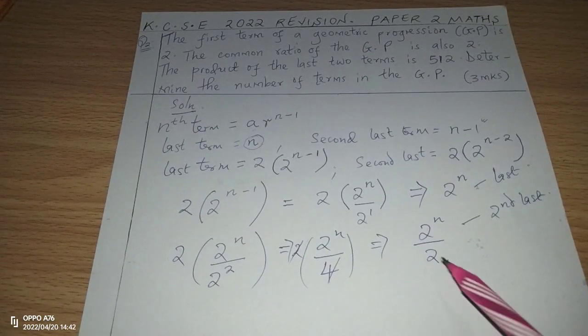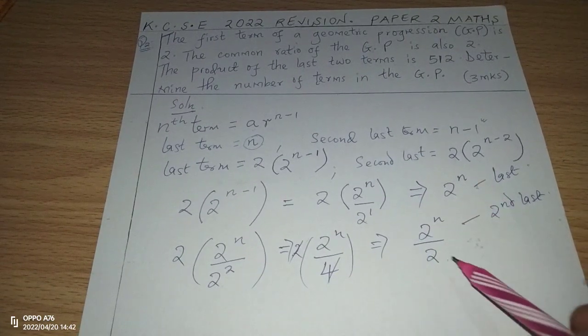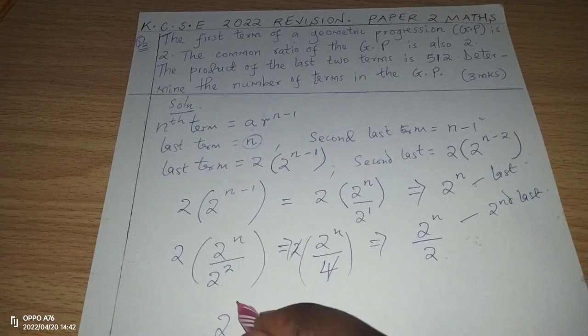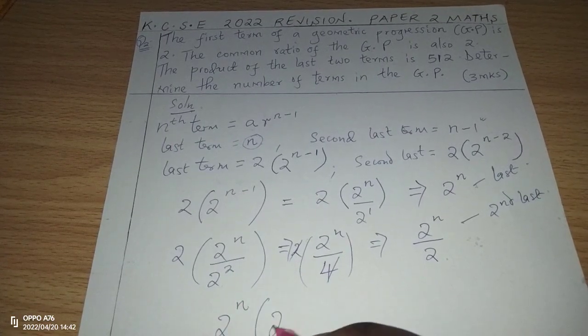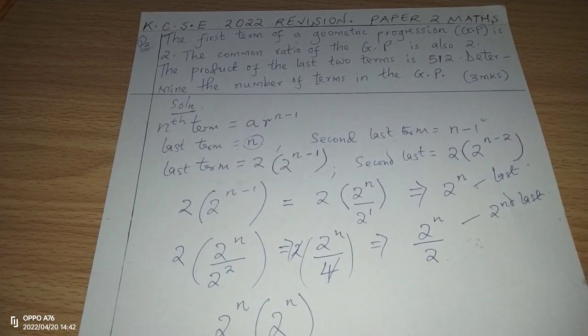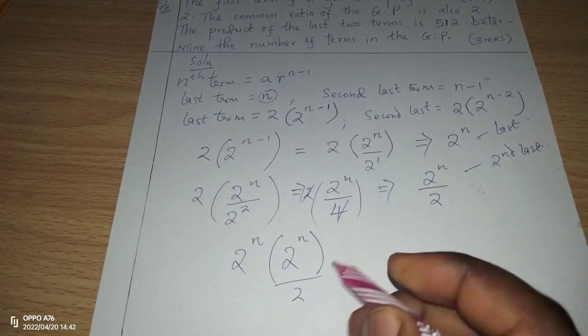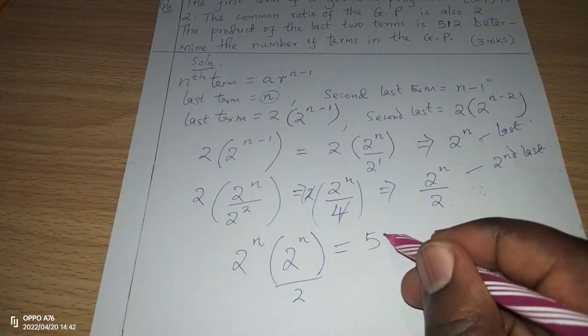So we are told the product of these two terms should give us 512. Therefore, 2 raised to n multiplied by 2 raised to n, divided by 2, should give us 512.